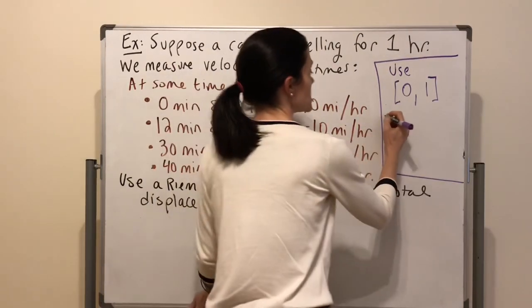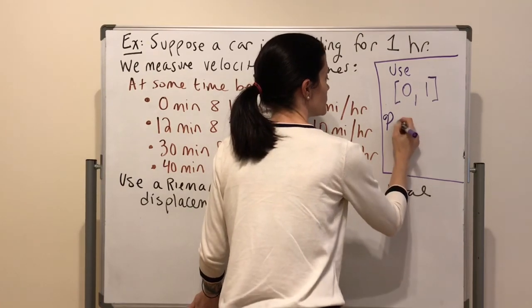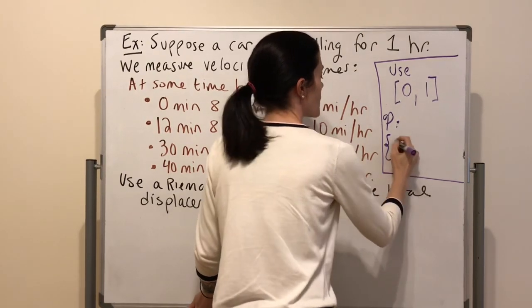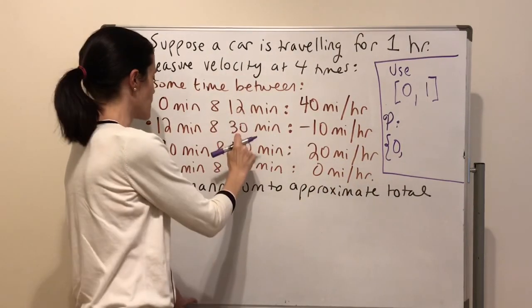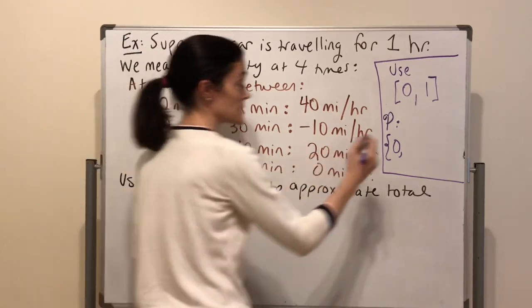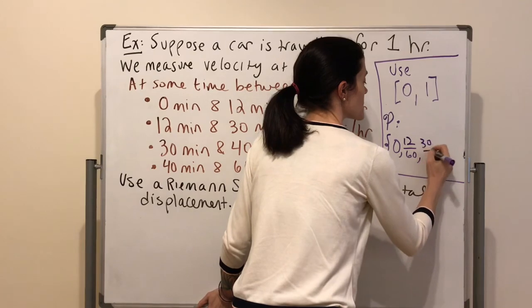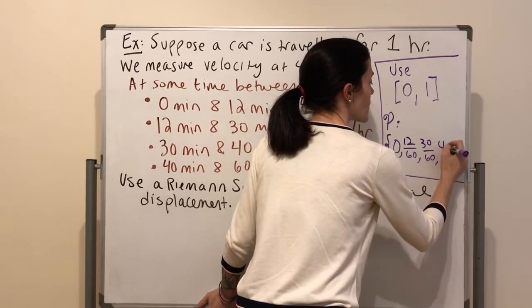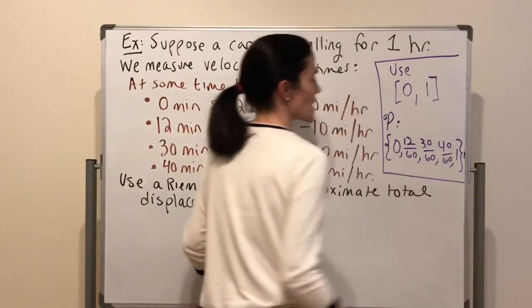So my partition P is, I'll put it here, well, we have 0, and then we have 12, 30, 40, and 60, but all divided by 60. So 12 over 60, 30 over 60, 40 over 60, and maybe I'll just write 1 so that I can fit it here.